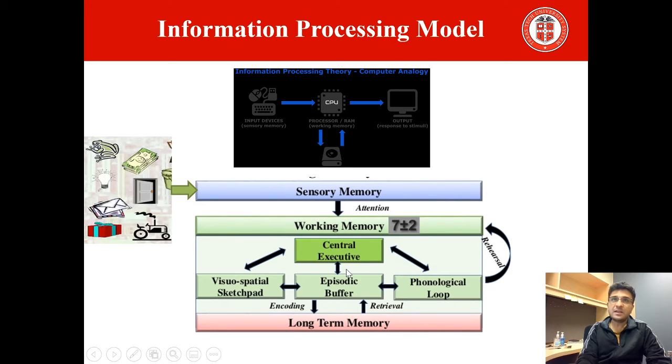And as we have seen in our previous model, this information can be encoded into the long-term memory with a few techniques which we'll see in a later slide. And once it's in the long-term memory, it can always be retrieved whenever needed.